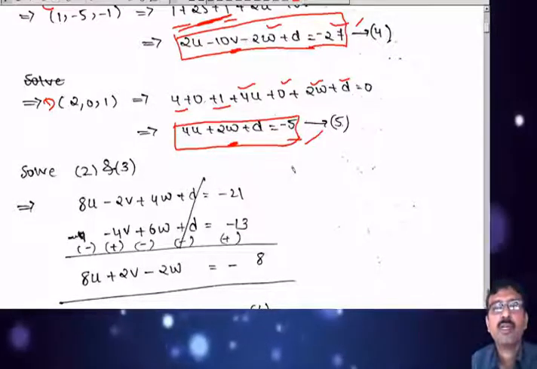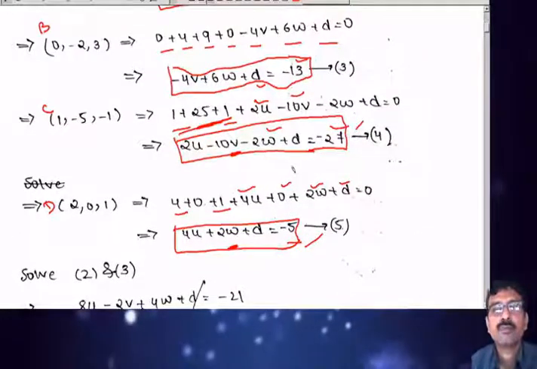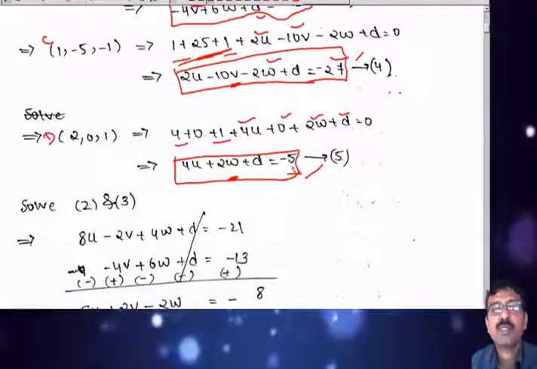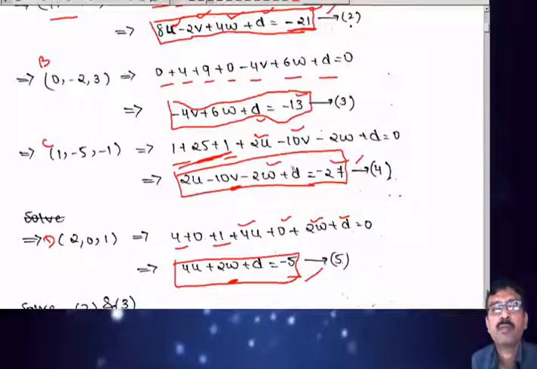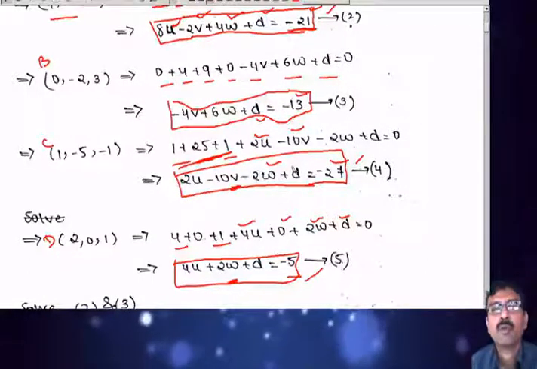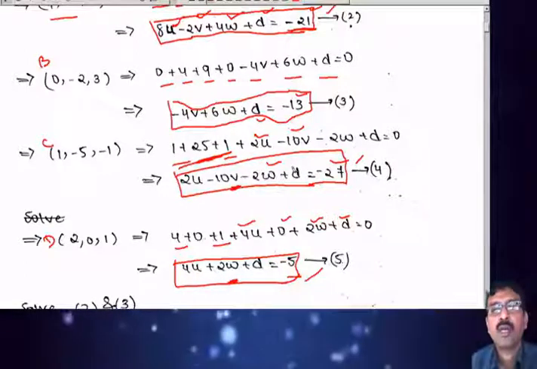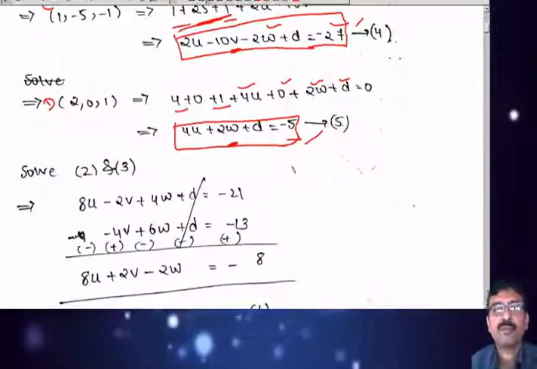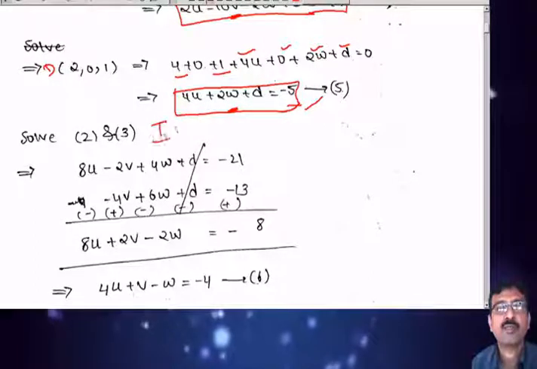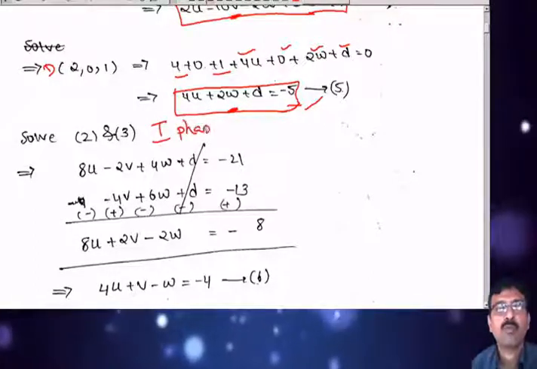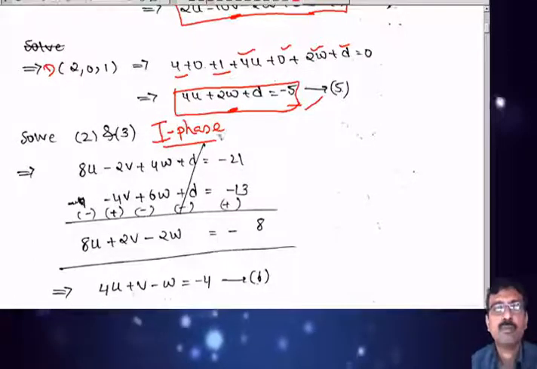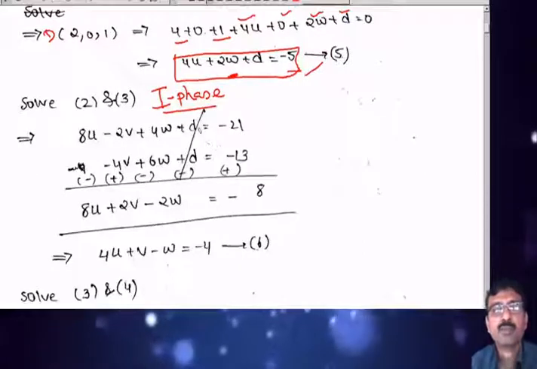So generally we follow the easy method, that is taking 2 equations from the 4 equations and eliminating d. In the first phase, phase 1, we eliminate d.